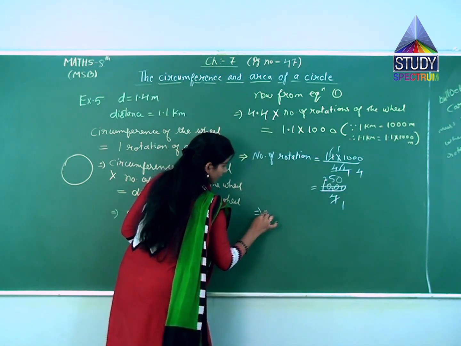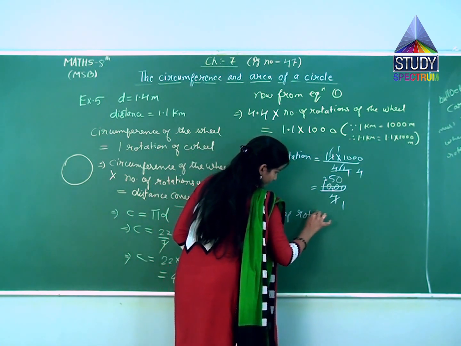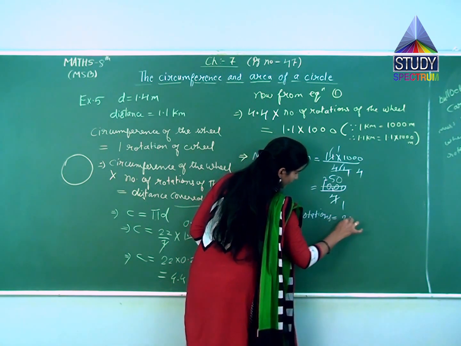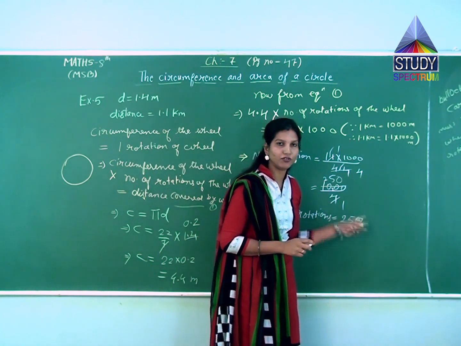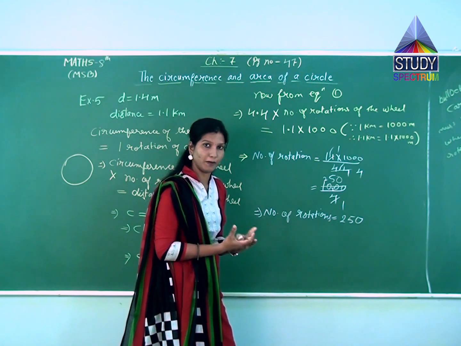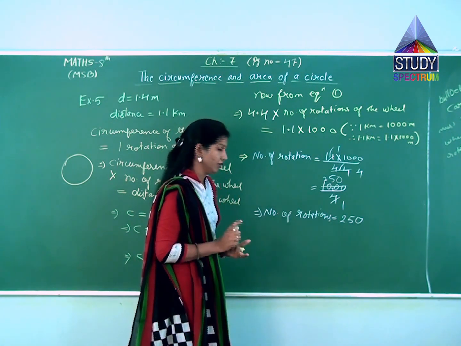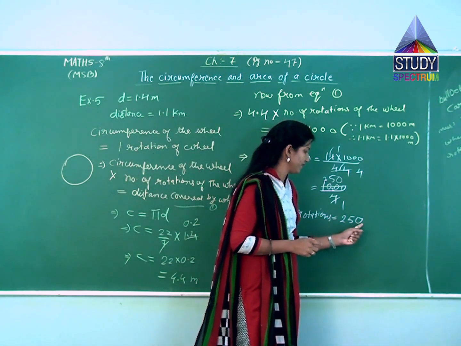So the number of rotations will be 250, and this 250 will not have any unit, because it is already a number. It is the number of rotations and a number doesn't have any unit. So our number of rotations will be 250.